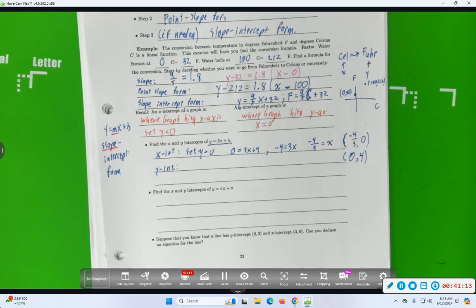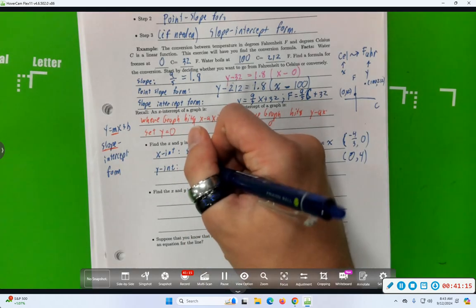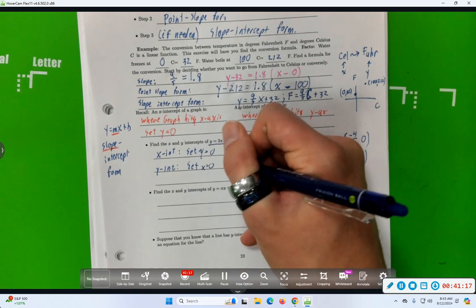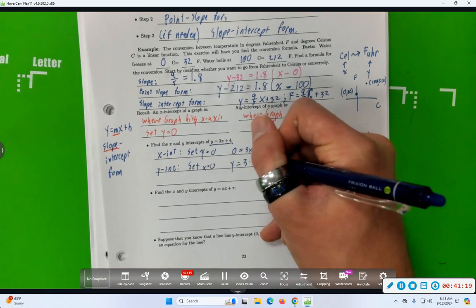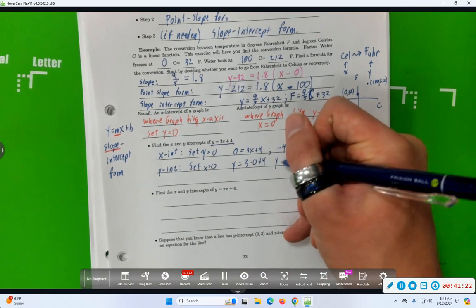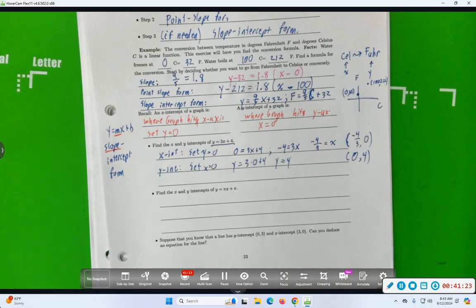Well, y-intercepts are generally easy to find. You set x equal to 0, so you'll see y equals 3 times 0 plus 4. Oh, cool. That's already solved for y. You don't need to do any algebra. Now let's see if we can notice a pattern. If you just see something in this form, which intercept does it automatically tell you without doing anything?